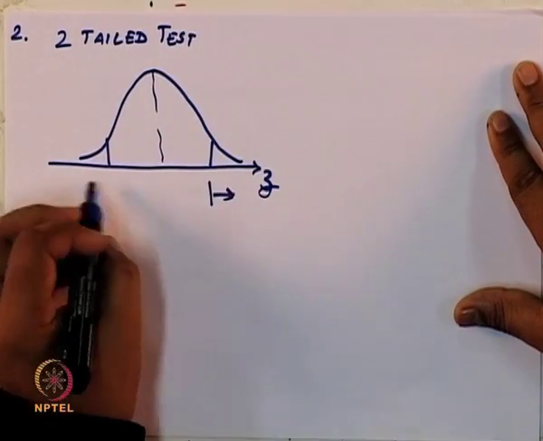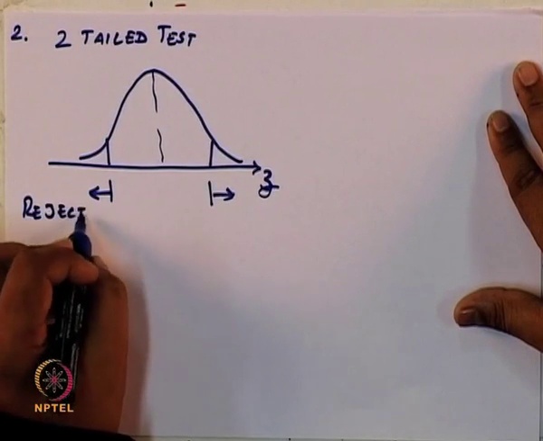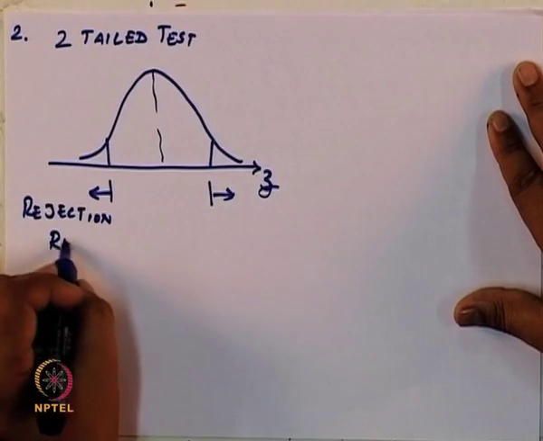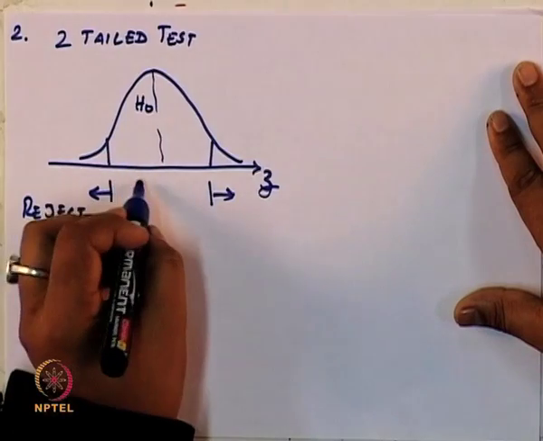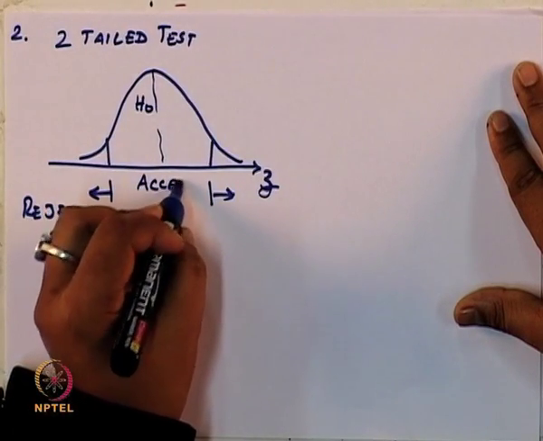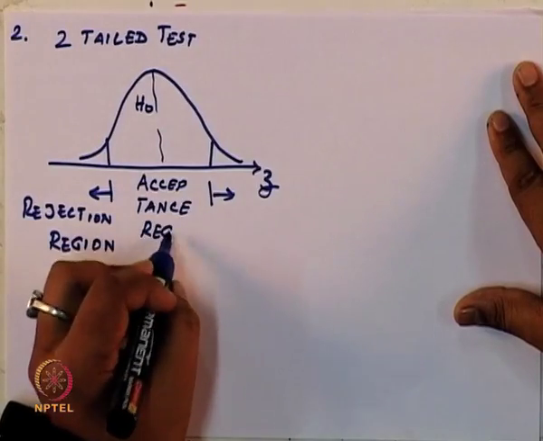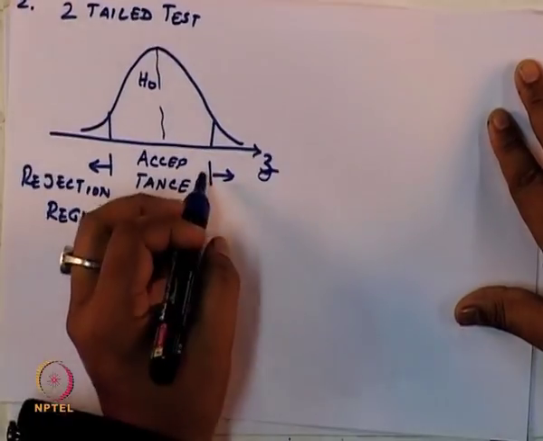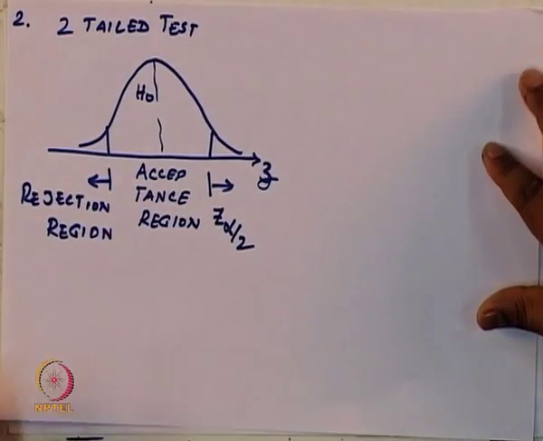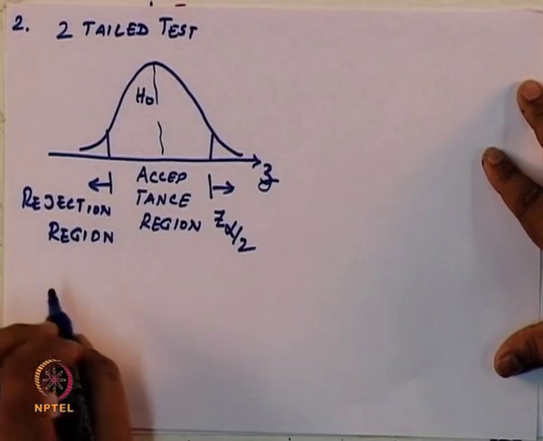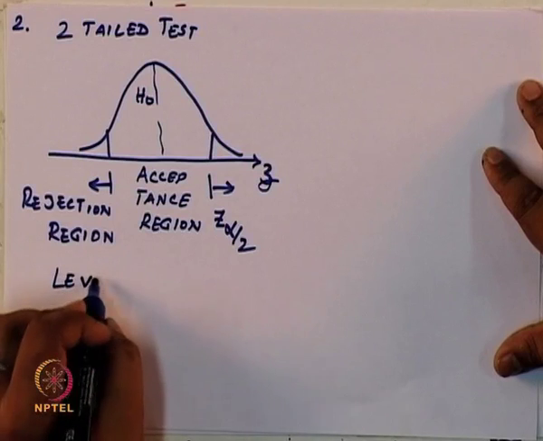So, this is the rejection region. And here H naught is true. So, this is the acceptance region. These values or the critical values are referred to as z of alpha by 2. So, choice of z of alpha by 2 is dependent on the level of significance.